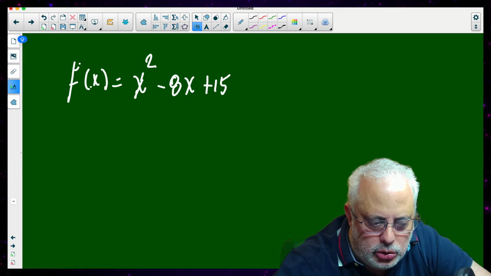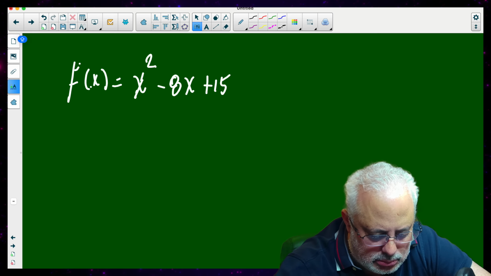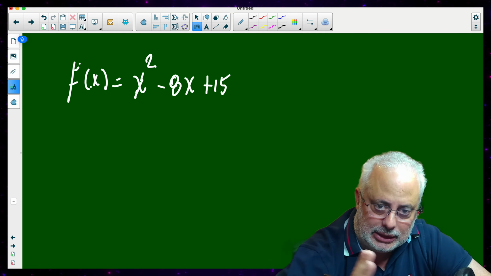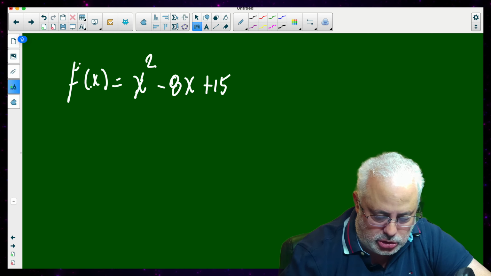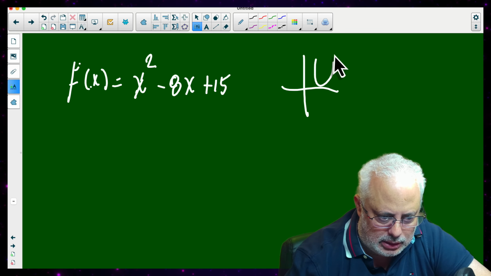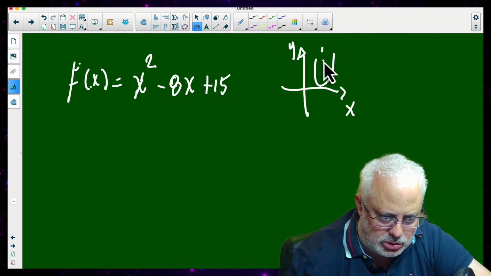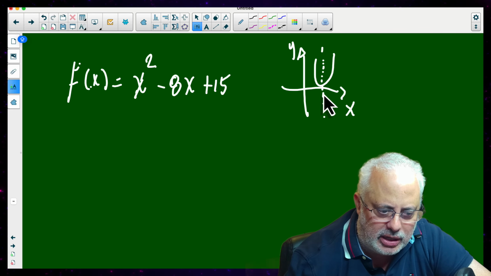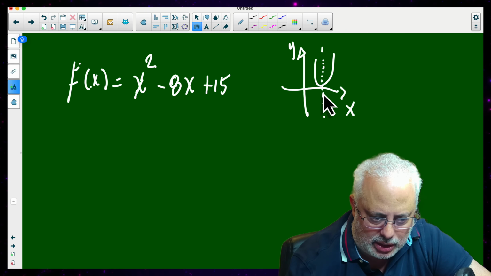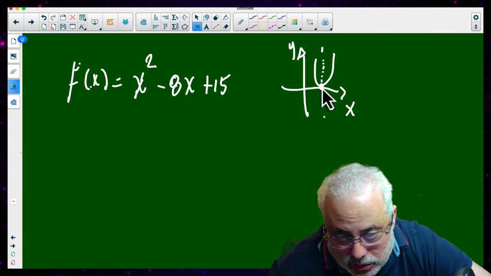Now we are going to use the algebra procedure to find the minimum. We need an important element, the axis of symmetry, that vertical line, because by logic, by the visualization that we discussed earlier, if we have here the axis of symmetry, we notice that the axis of symmetry intersects the parabola, the quadratic function, right here where the minimum is.